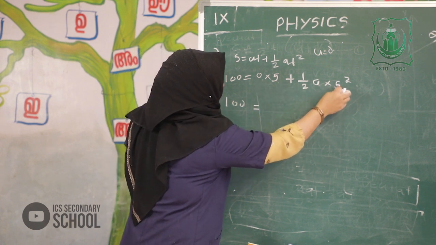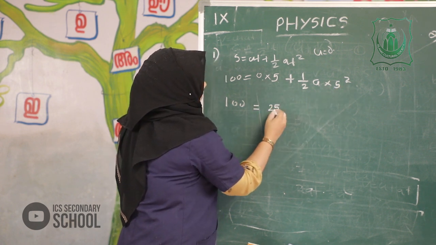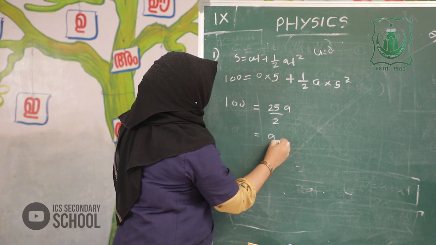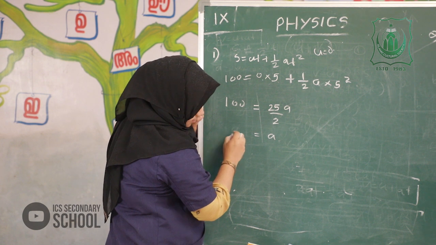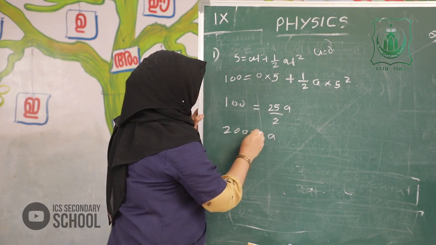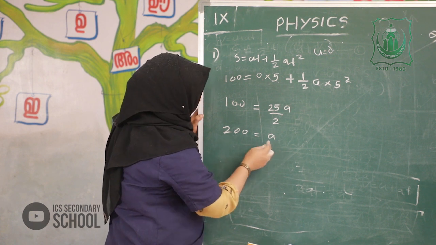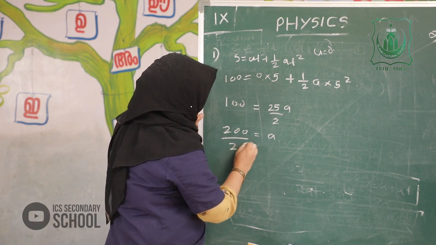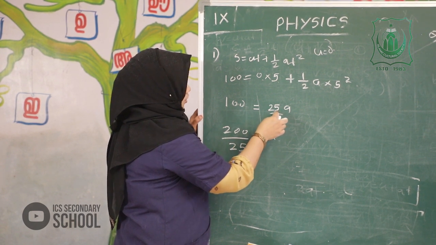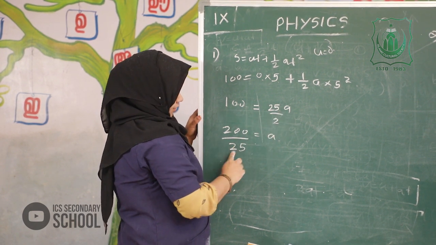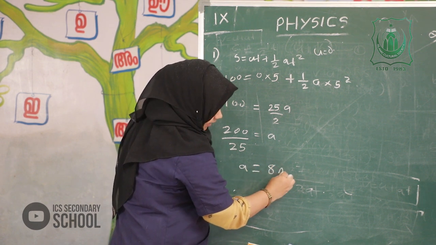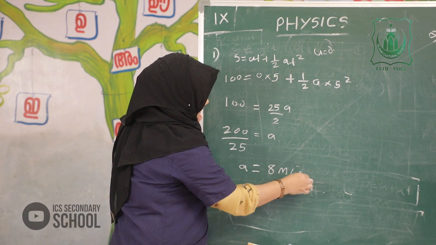Then 5 square 25, a divided by 2. So, what is a? a is equal to 100 into 2, that is 200, divided by 25. So, 200 by 25, acceleration we get 8 meter per second square.